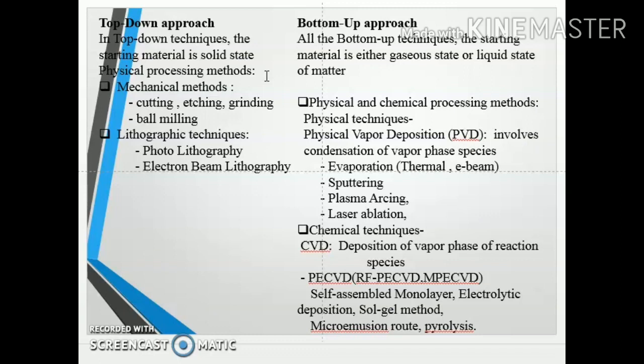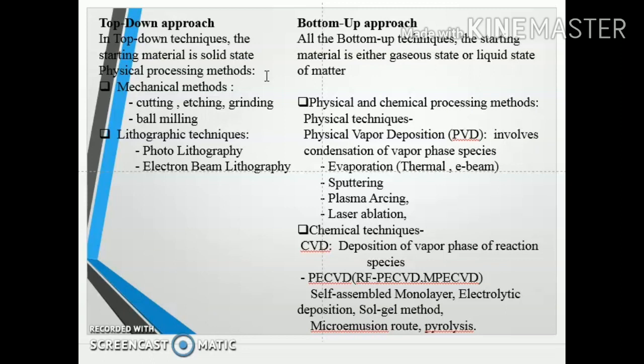The mechanical methods include cutting, etching, grinding and ball milling. Such methods can be used in the top-down approach for nanoparticle synthesis. In lithographic techniques, photolithography and electron beam lithography can be used for synthesis of nanoparticles.